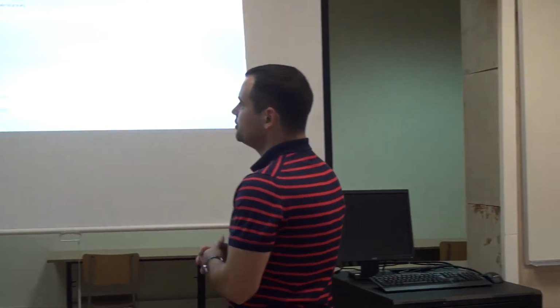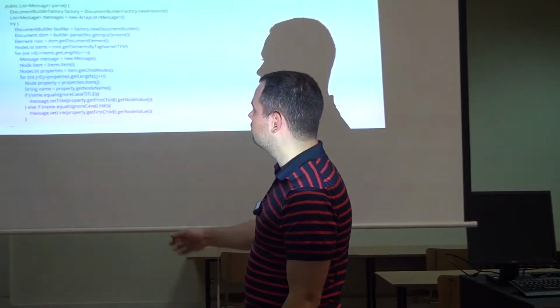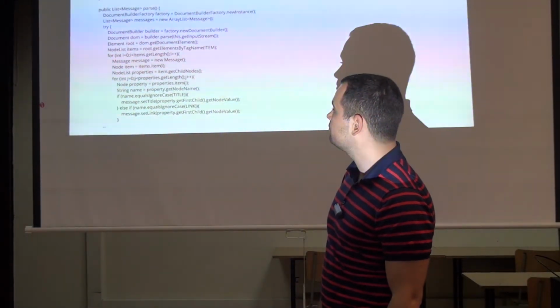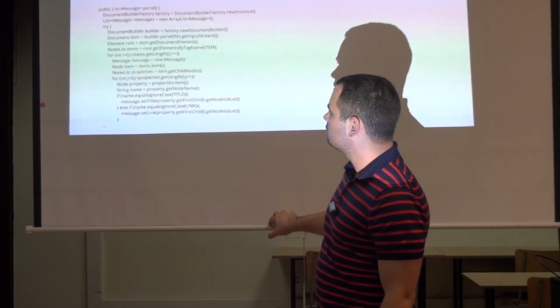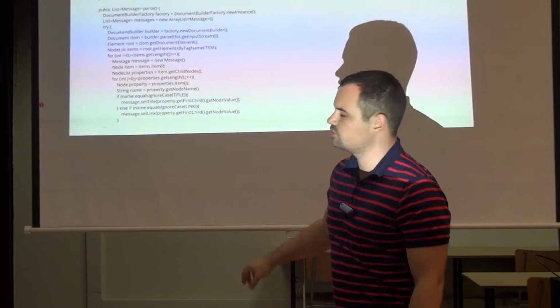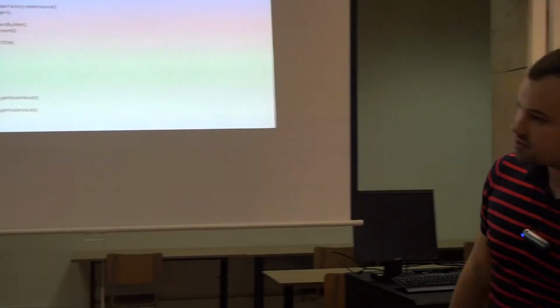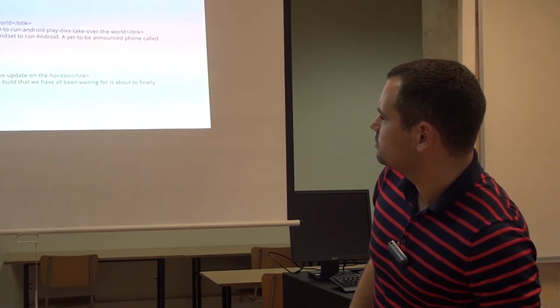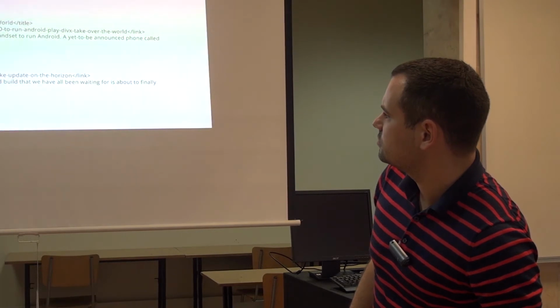For example, what is going on here? We have the root element, which is the XML, or in this case most probably it's the messages, but I'm not sure that in the example there is a messages tag. There's a channel. Yeah, there is a channel which is actually the messages one.